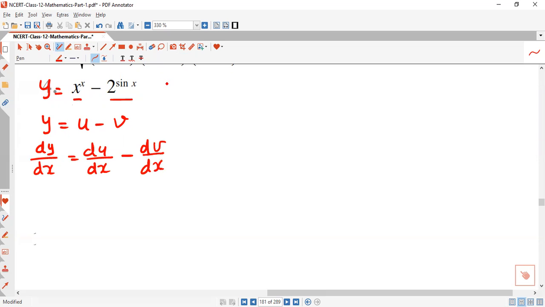So I have to solve this question in two parts. First, find the value of u equal to x raised to x. If we differentiate this function, you see this is a function of function, x is a function of x. So whenever we have a function raised to the power of another function, f(x) to the power g(x), we will take the logarithmic differentiation.